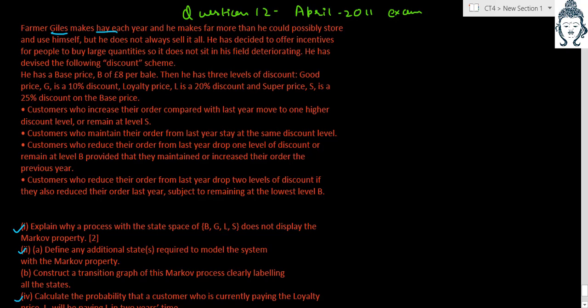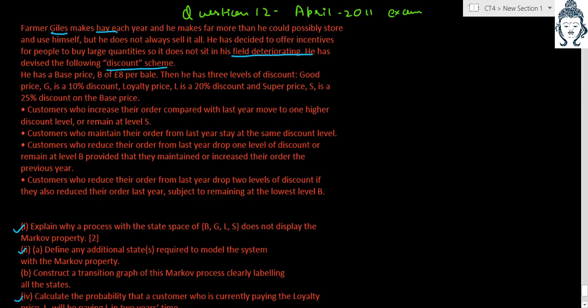He has decided to offer incentives for people to buy large quantities so it does not sit in his field deteriorating. He just wants to sell the hay off, and he has devised a discount scheme. He is giving people some discount.